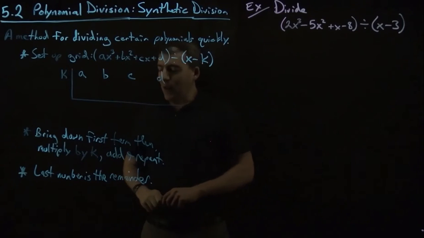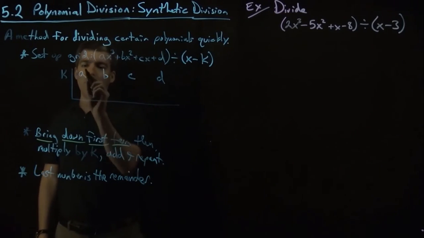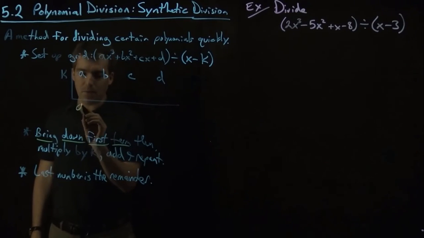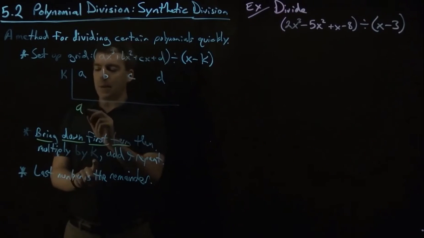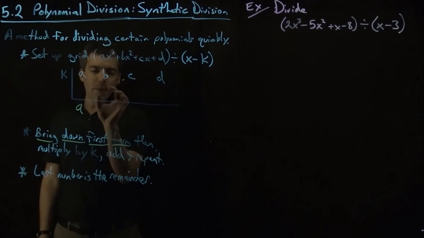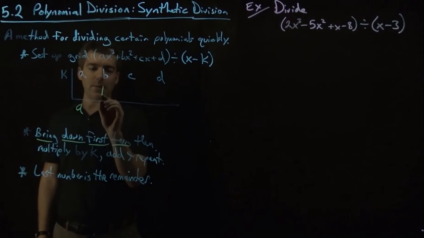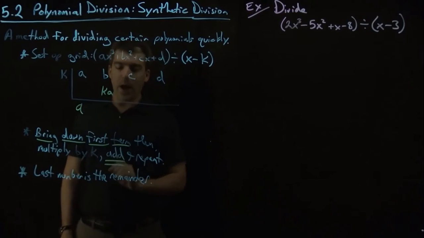We want to start by bringing down the first term. So it would be the a here. We bring that down. Then we multiply by k, so k times a, and we write that in the next column above the line. And then the next step is to add.